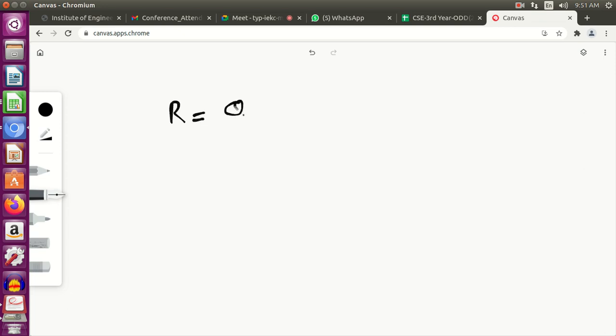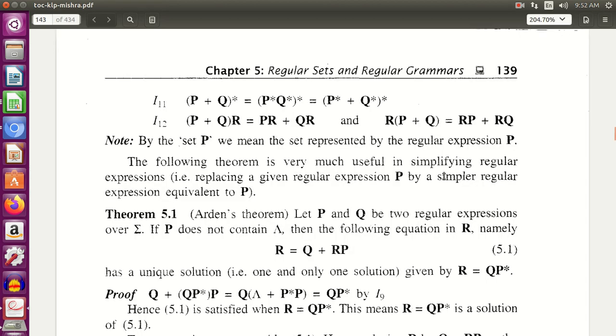So we are given the equation R is equal to Q plus RP. Now what we can do is write Q plus, replacing R with the solution that is provided. What is the solution provided to us? QP star, right?